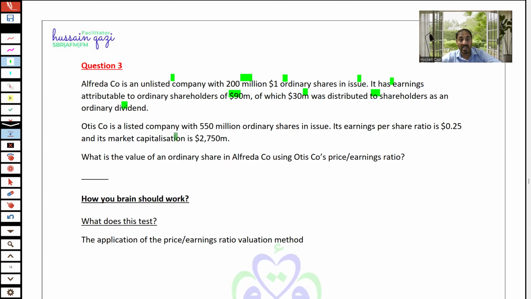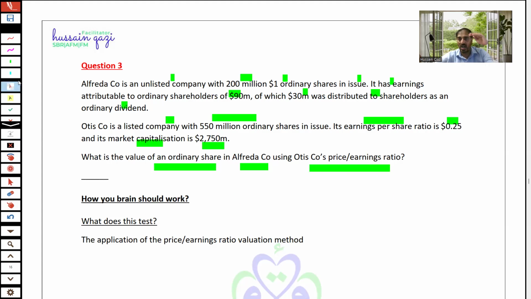Otis company is a listed company with 550 million ordinary shares issued. Its earning per share is 0.25. Market capitalization is 2750. What is the ordinary shares value of Elforder company using Otis company PE ratio?